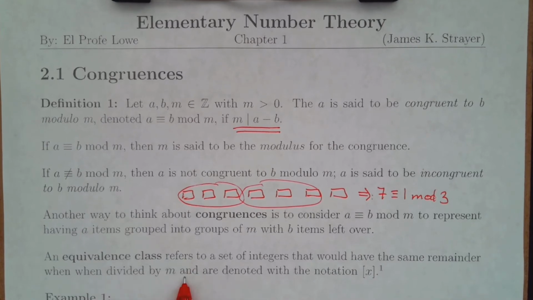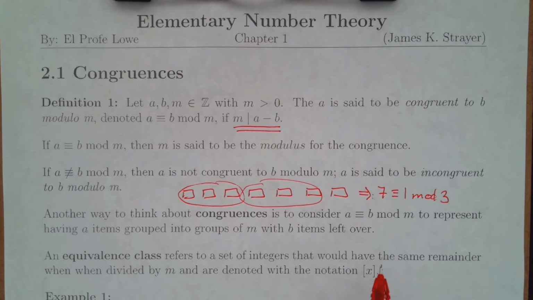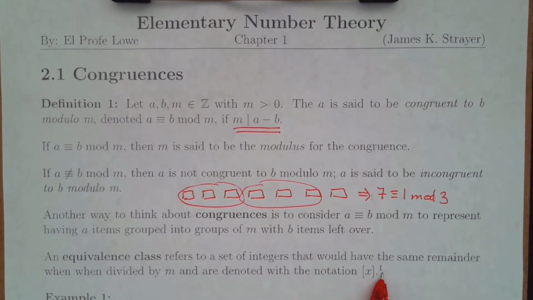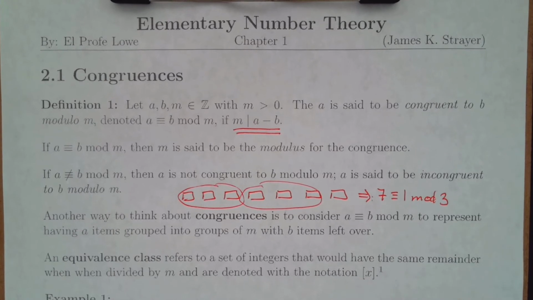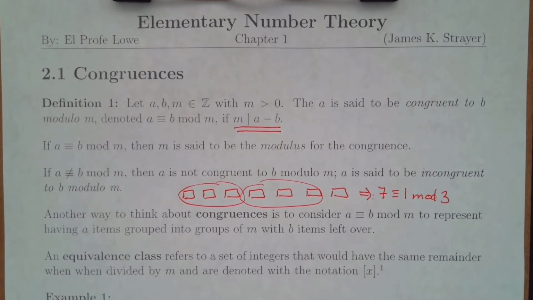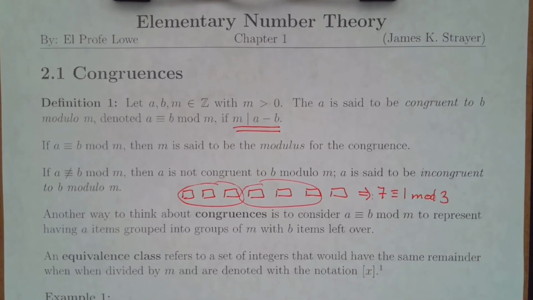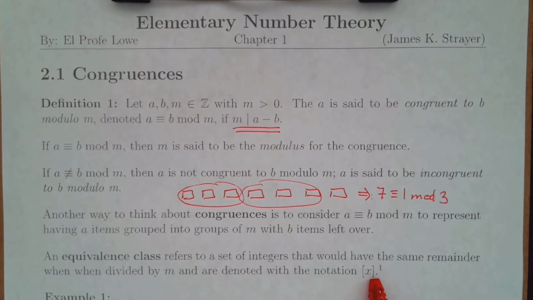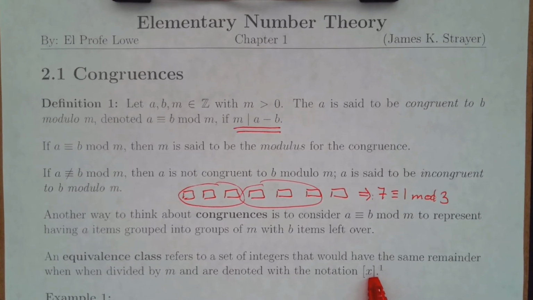Okay. Now, an equivalence class refers to a set of integers that have the same remainder when divided by m, and are denoted with the notation with the brackets and the x. Now, I do have a footnote here, and it should be noted that this is an area of mathematics where similar notation represents different concepts in different places. So this notation here you might see differently to represent the same idea.